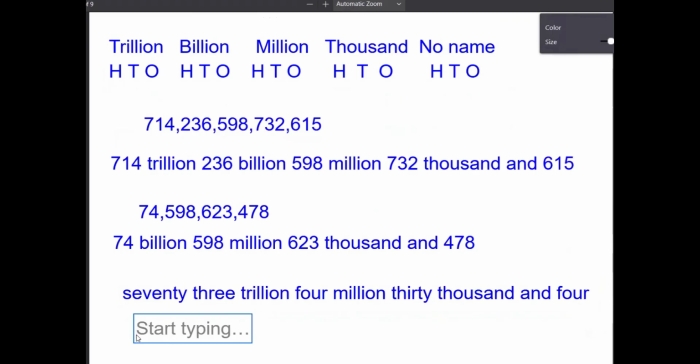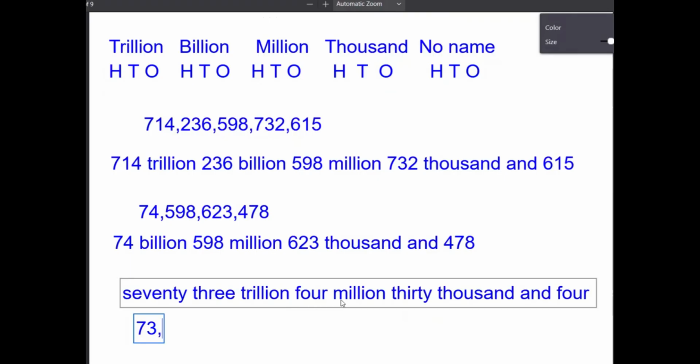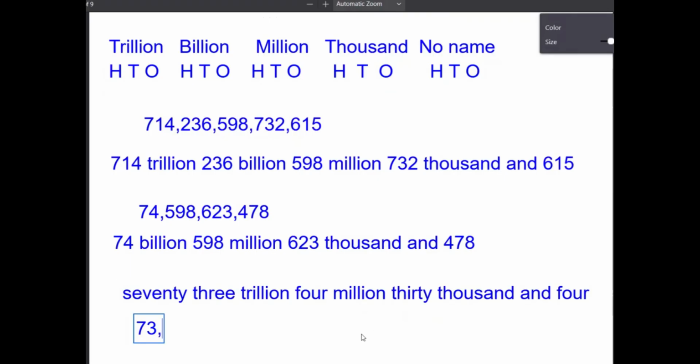I say 73 trillion, that means 7, 3, then a comma. Then after trillion I need to say what I have. I have a billion, but nobody mentioned billion here, so I will put 3 zeros for the billion.